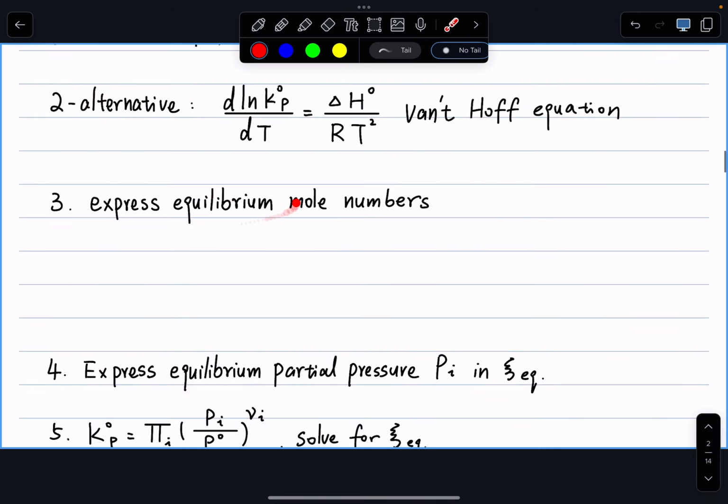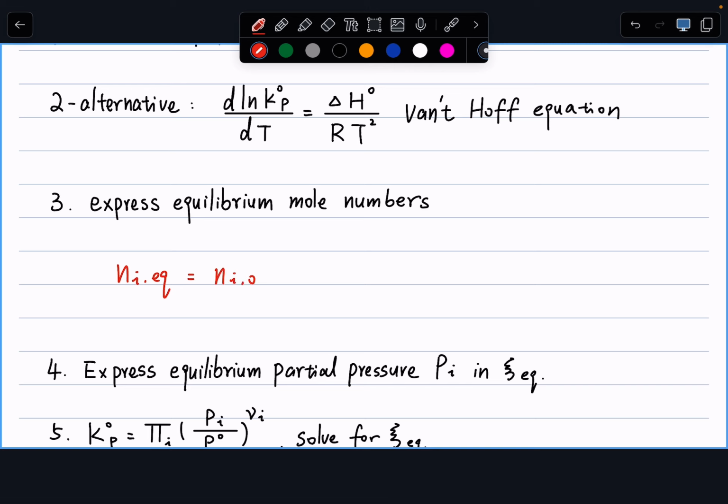And then express our equilibrium mole numbers in terms of the extent of reaction. So what does that mean? We're looking at the number of moles of specific chemicals at equilibrium. That equals the number of moles of that chemical in the initial state plus the change. The change itself is the stoichiometric coefficient times the extent of reaction.